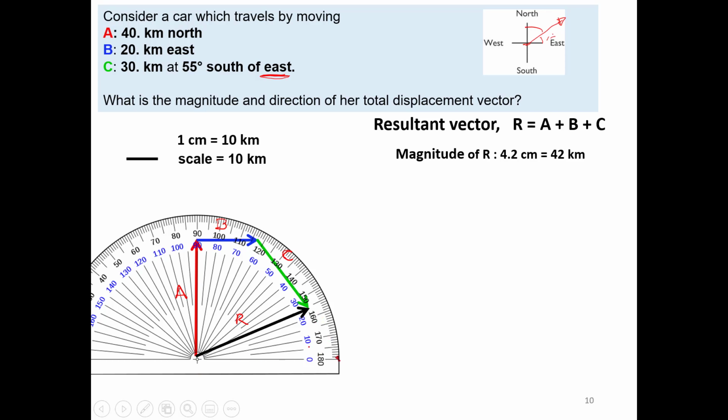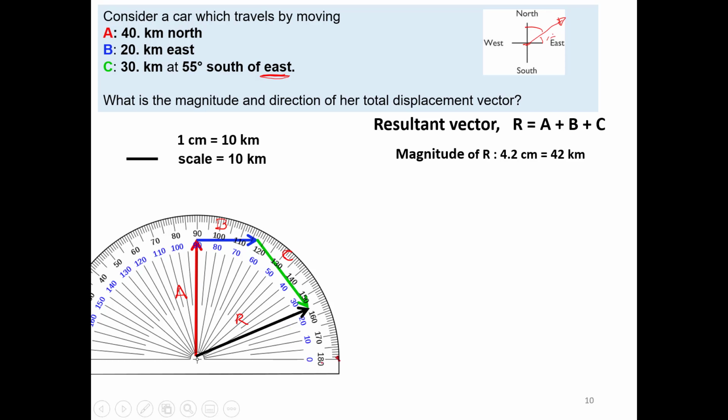Always, from whichever axis you want to start measuring, you have to coincide the zero of the protractor with that axis. In this case, we want to start measuring from east, so this is why the zero of the protractor coincides with the east axis.